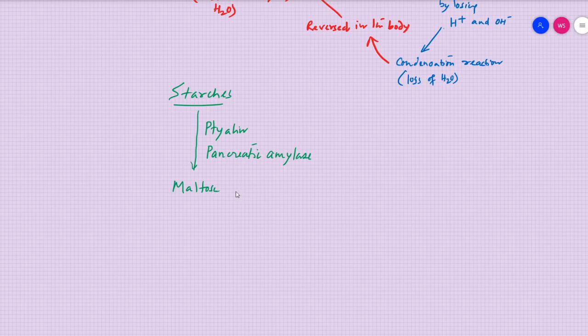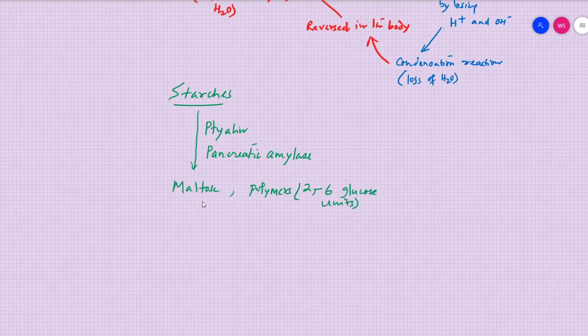Maltose and polymers containing about 2 to 6 glucose units.